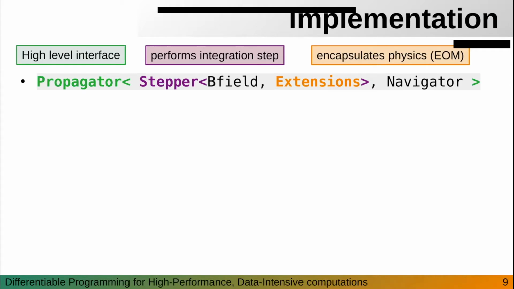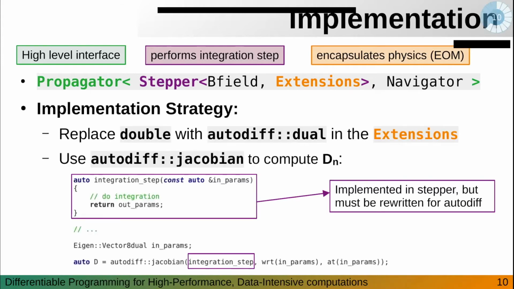This stepper can also be modified by templating it on several extensions. These extensions encapsulate the physics which is actually needed for the integration. So what we have to do is simply to template this extension and use Autodiv dual instead of double. Then we can just compute our Jacobians from this function.